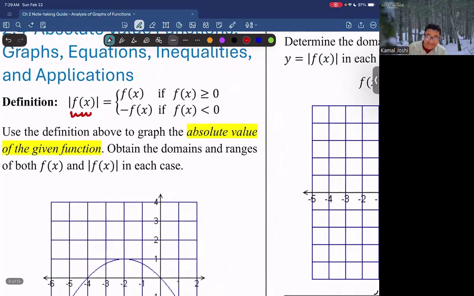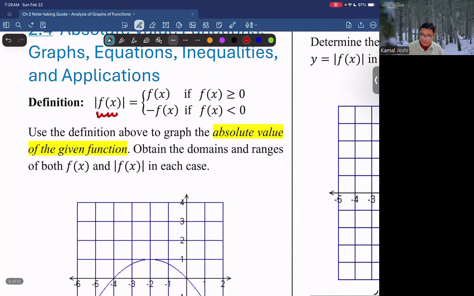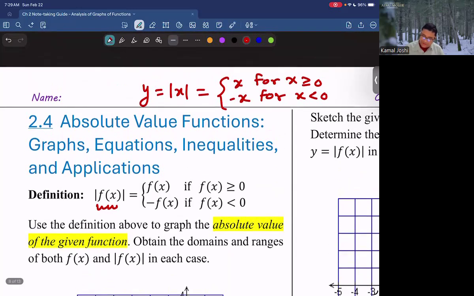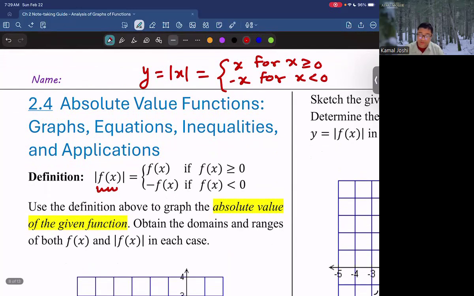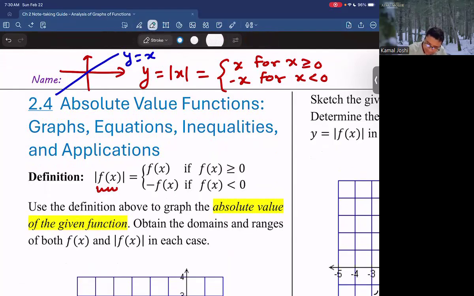How does that affect the graph? When you looked at the original definition, we actually took the graph of the line y equals x, right? And then we applied the concept of absolute value.